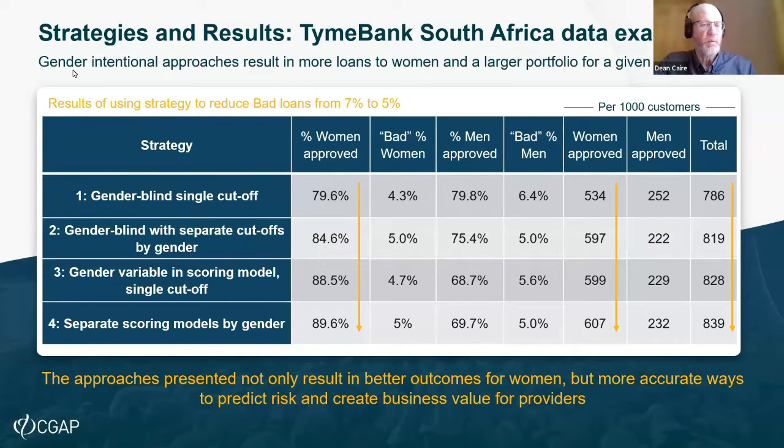And I think that one thing that is important about this whole line of thinking of how to serve women better is, yes, as you identify new sources of data, specifically ones that measure things that are related to women and their lifestyles and economic activity more than they are to men, that's where your separate models would really work a lot better, because you'd be evaluating women on things that matter for women and men on at least the traditional things that have always mattered for them, if the other characteristics didn't predict as well.